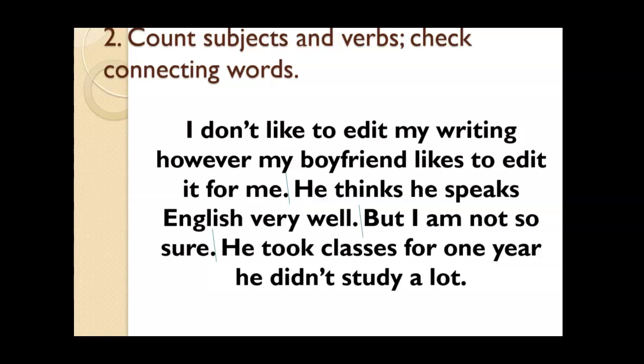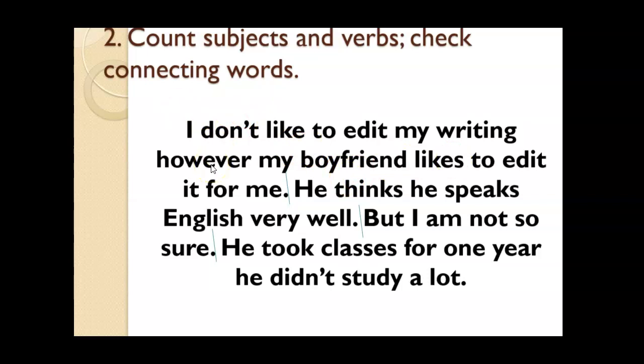Next, I need to count the sentence subjects and verbs and check connecting words. So let's take it from the first sentence first. Here we see, I don't like to edit my writing, so we have one subject and verb. However, my boyfriend likes to edit it for me. So we have two subjects and two verbs, and we do have a connecting word, which is however.